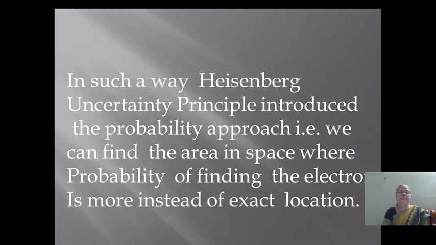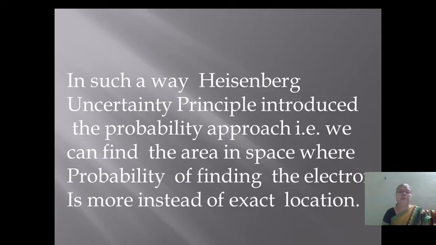This is the statement of Heisenberg's principle, and in such a way, Heisenberg's uncertainty principle introduced the probability approach, that is, we can find the area in space where the probability of finding the electron is more, instead of the exact location.